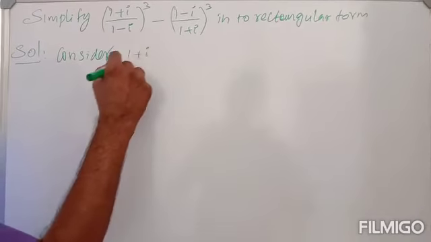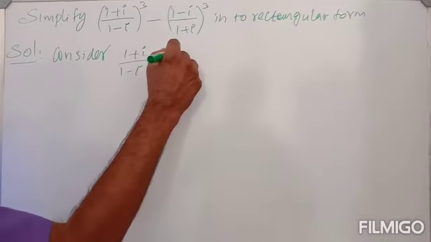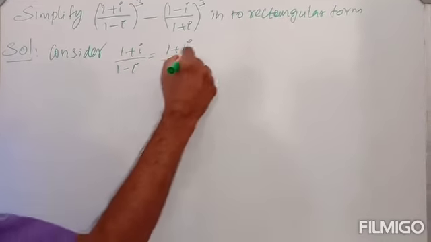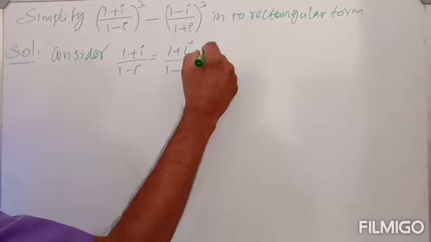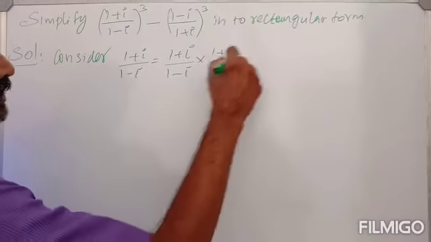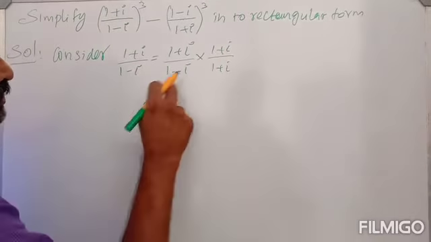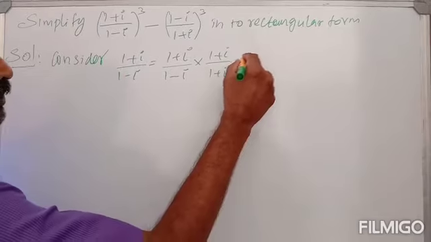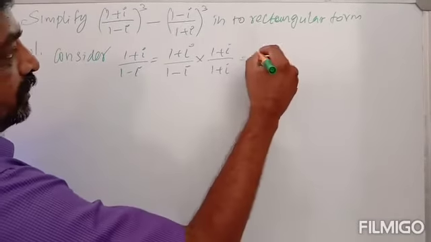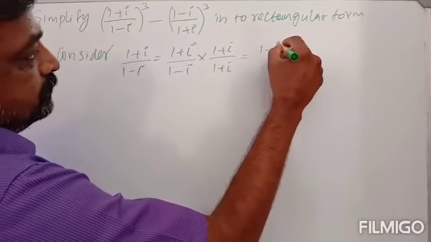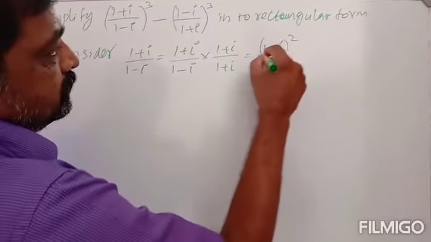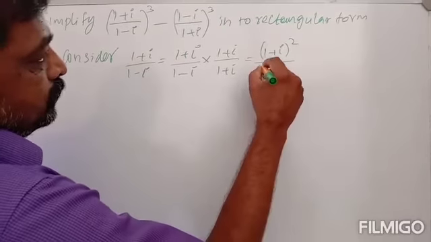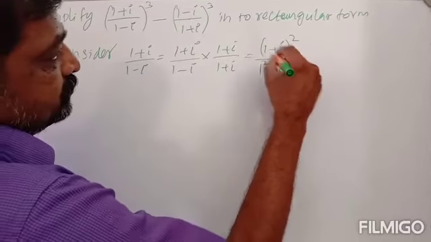1 plus i by 1 minus i equal to 1 plus i by 1 minus i into 1 plus i by 1 plus i. That is the conjugate of the denominator; the conjugate of 1 minus i is 1 plus i. So we multiply: 1 plus i the whole square divided by 1 square minus i square.